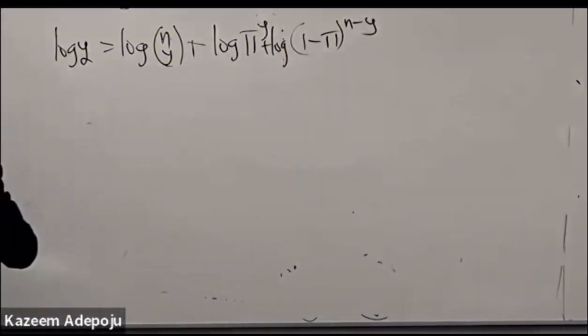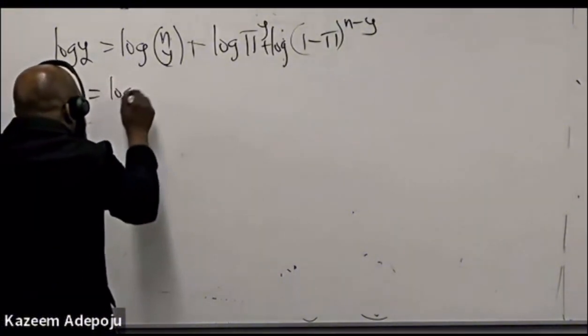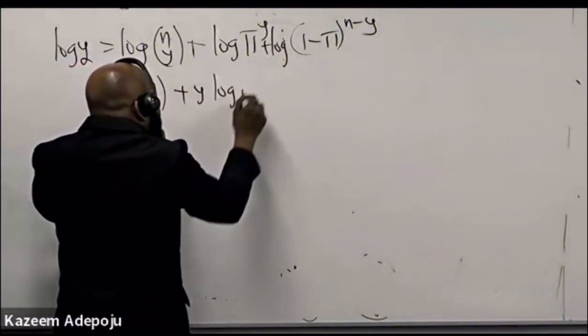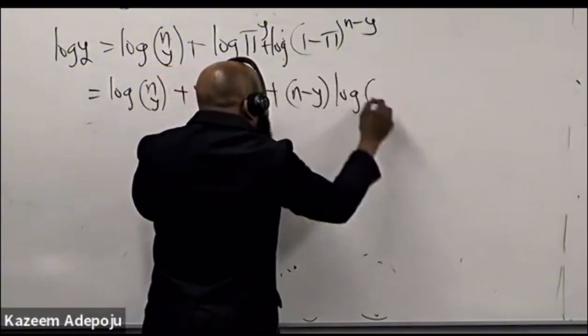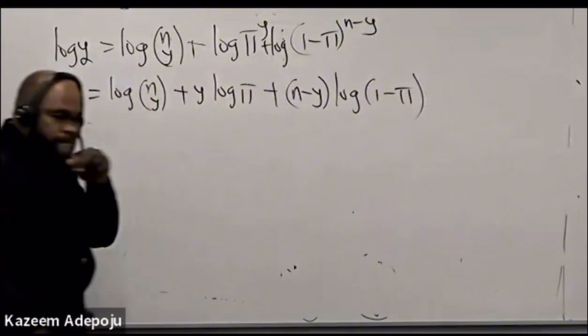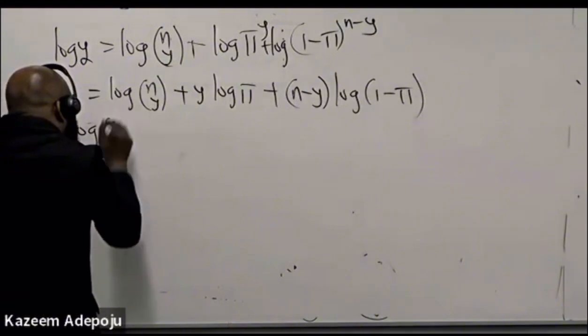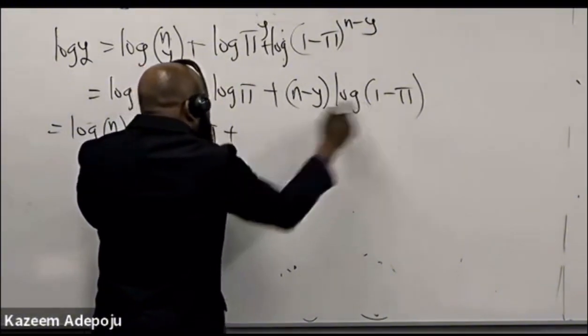Taking the natural log, the log of a product is the sum of the logs. Okay. Now, here I'm going to have log of this plus y log pi plus n minus y log 1 minus pi. Then I simplify.